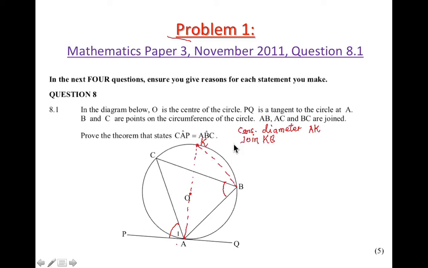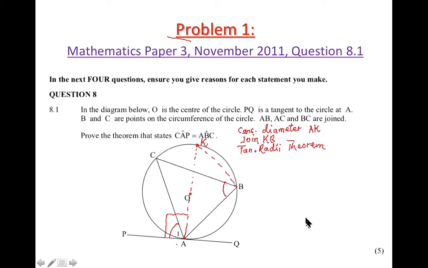So now we have a theorem: the tan radii theorem. What does the tan radii theorem say? It says that the angle between a tangent and a diameter, or a tangent and a radius, is 90 degrees. We are talking about this one here. So that angle is 90 degrees.